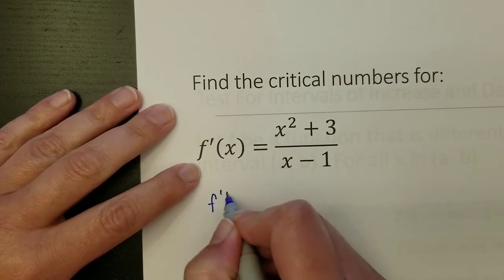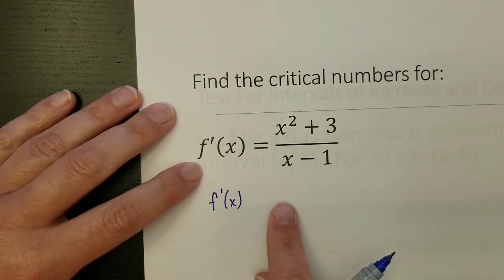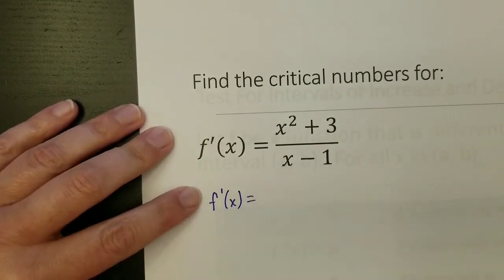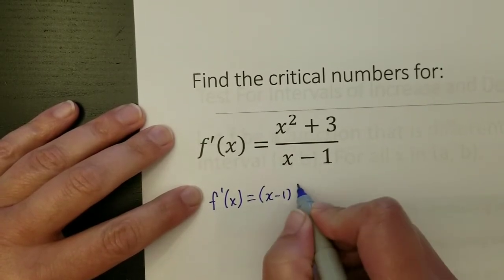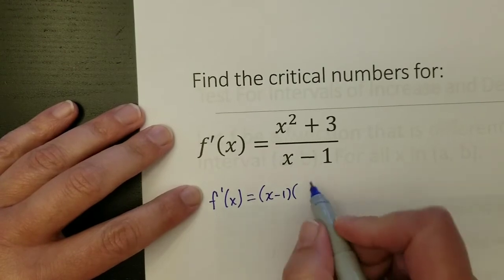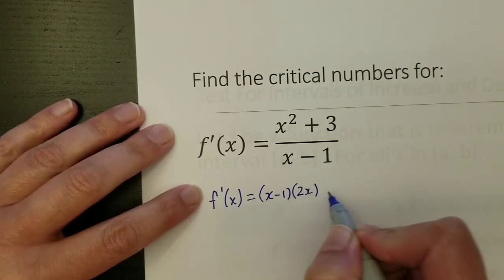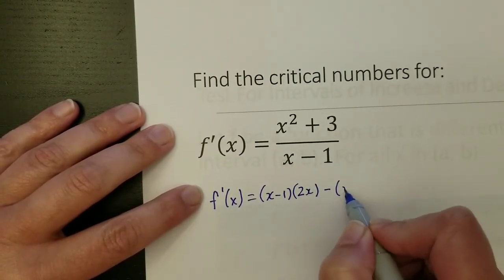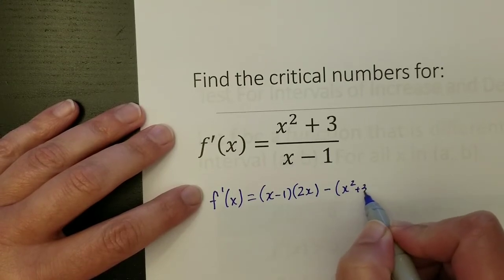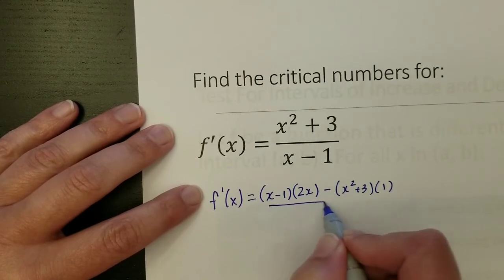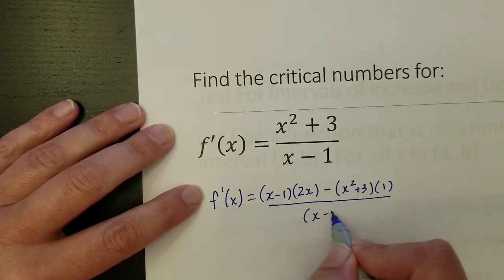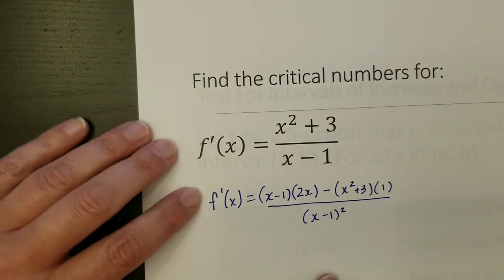So my derivative using the quotient rule, f prime of x is the denominator, x minus 1, times the derivative of the numerator, which is 2x, minus the numerator, x squared plus 3, times the derivative of the denominator, which is 1, all over the denominator squared.